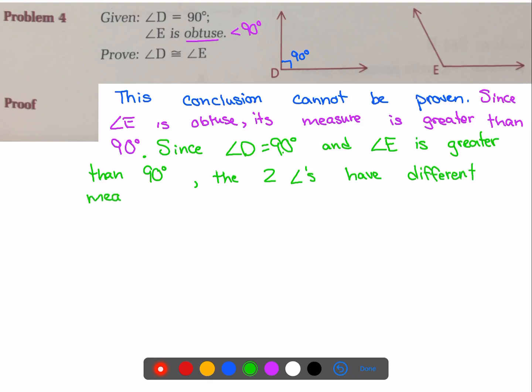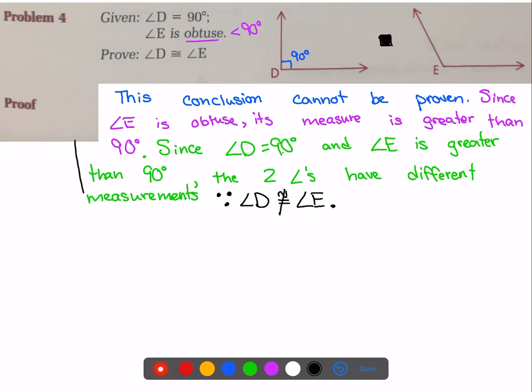Well, if two angles have different measurements, are they congruent? No. So therefore, angle D cannot be congruent to angle E. And that is our proof.